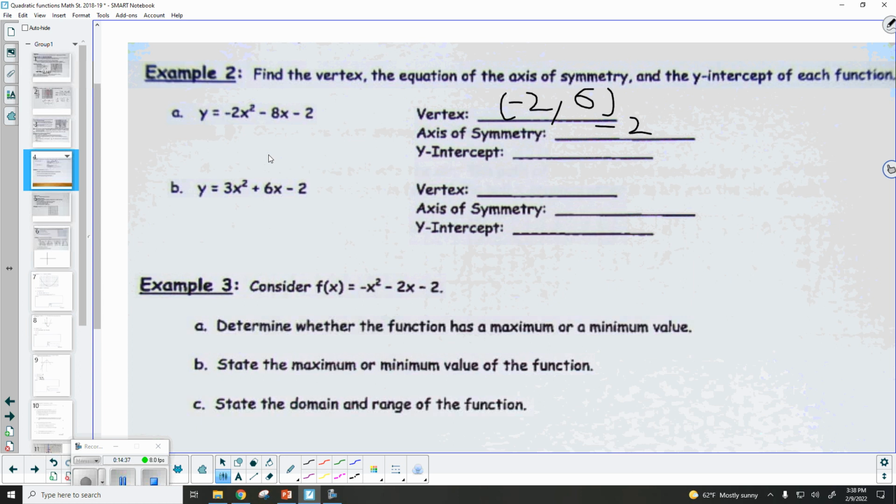Then for the y-intercept, what would that be? Okay. And then for the axis of symmetry for B, what would that be, Omar? Okay.